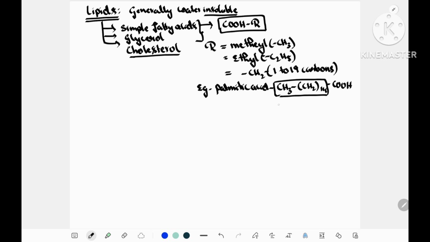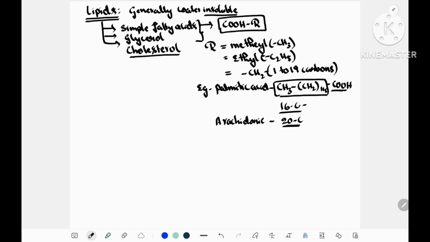So in total there are 16 carbons including the carboxyl carbon. This point is very important. 16 carbons are present along with the carboxyl carbon. And another example they have mentioned is arachidonic acid. Arachidonic acid has 20 carbons including the carboxyl carbon.